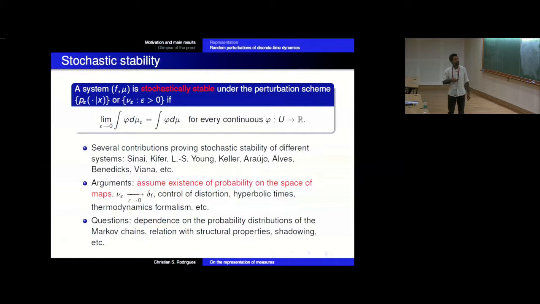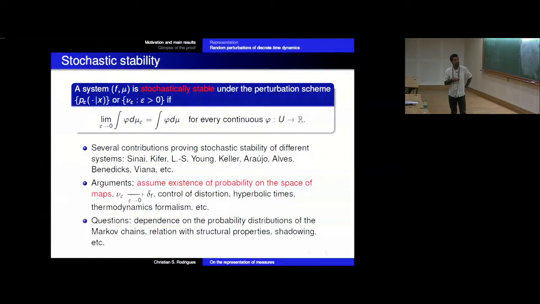And so there are several people who have studied such problems. I guess it started with Sinai, looking at some of these properties of stochastic stability for, if I'm correct, circle maps. Then there are some long works by Kiefer, looking at uniformly hyperbolic systems and expanding systems.